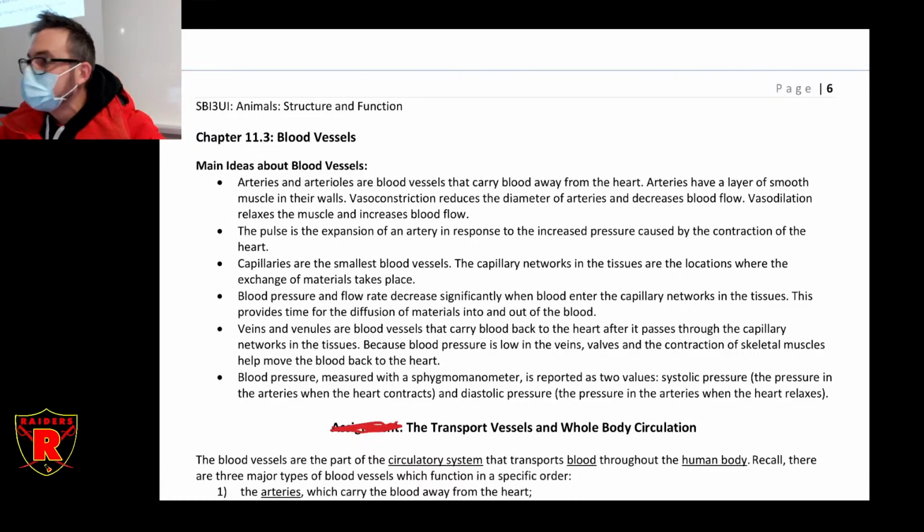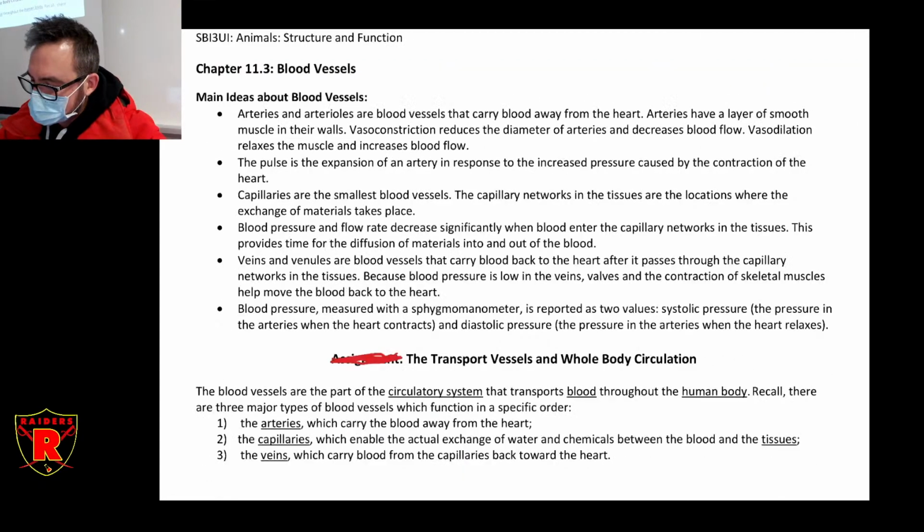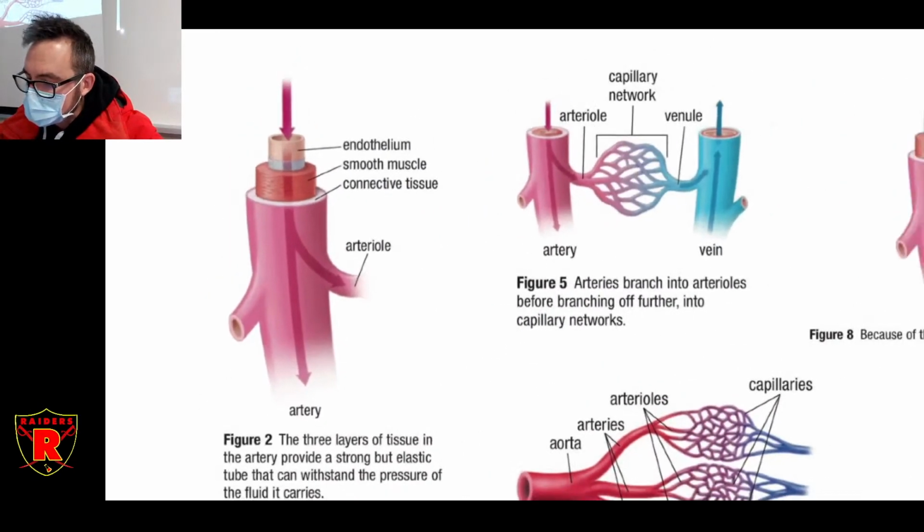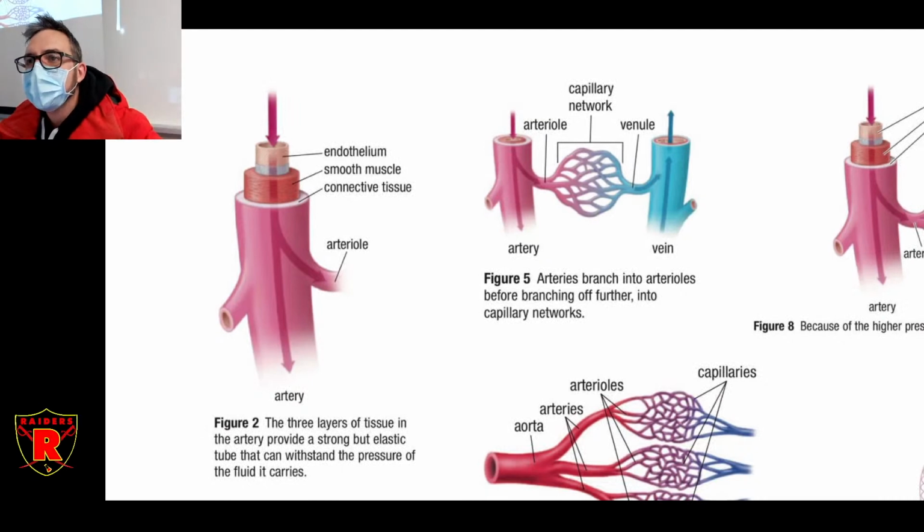Okay, 3 main types of blood vessels. In general, you should know the properties of these 3 types of vessels. So, the biggest ones are arteries. They are the blood vessels that are going away from the heart.